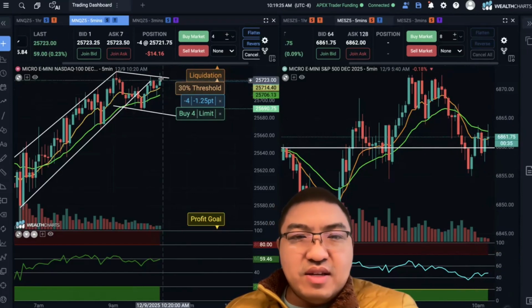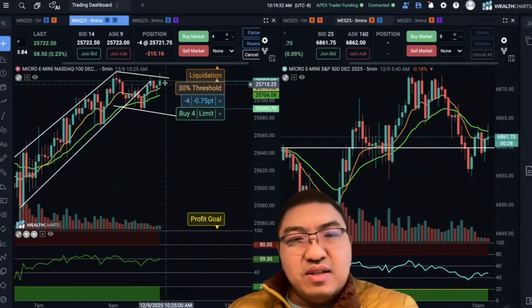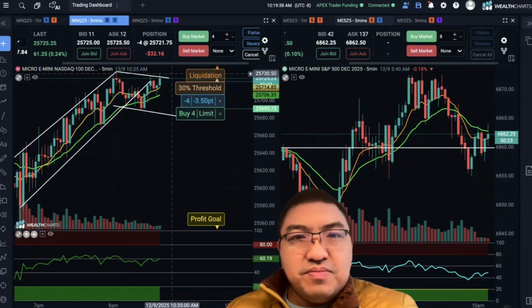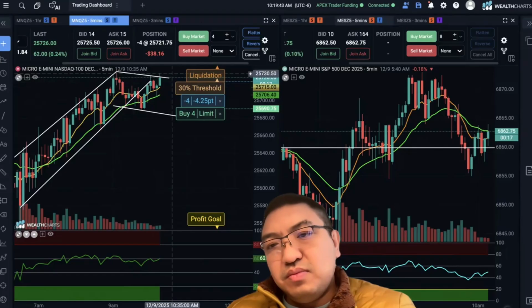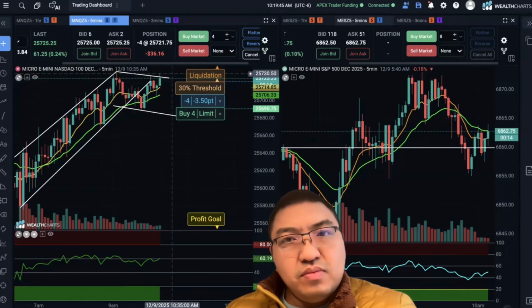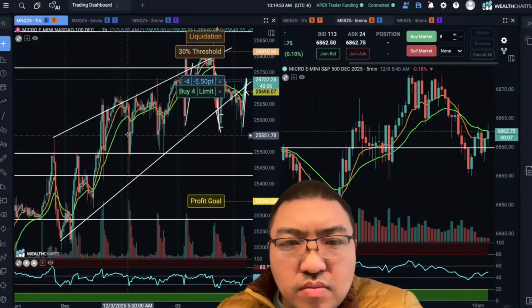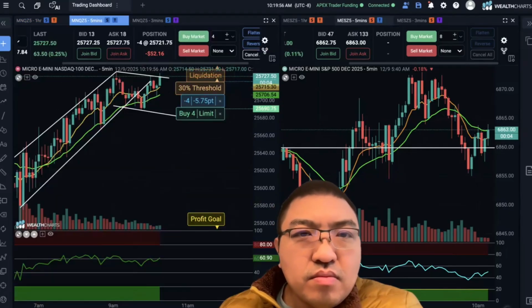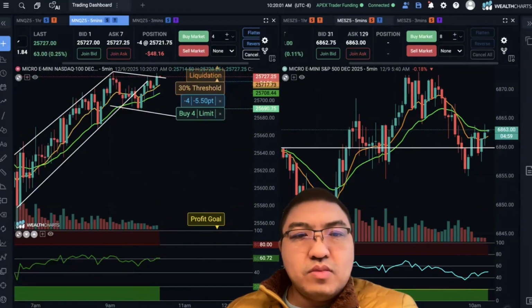And as a short seller, I like to see this shadow line. It means the sellers really resume control of the market. Look at this candle.